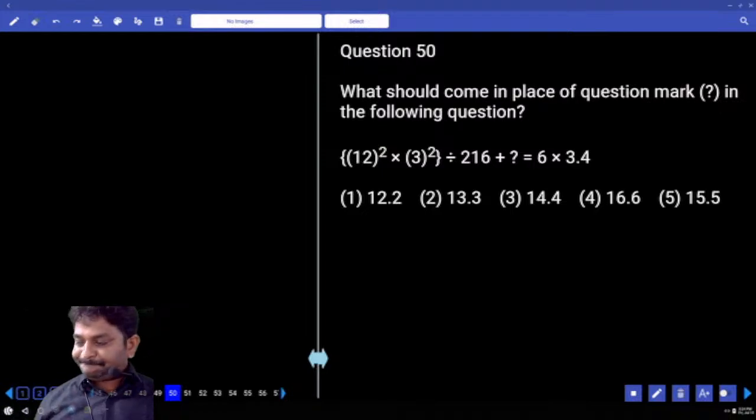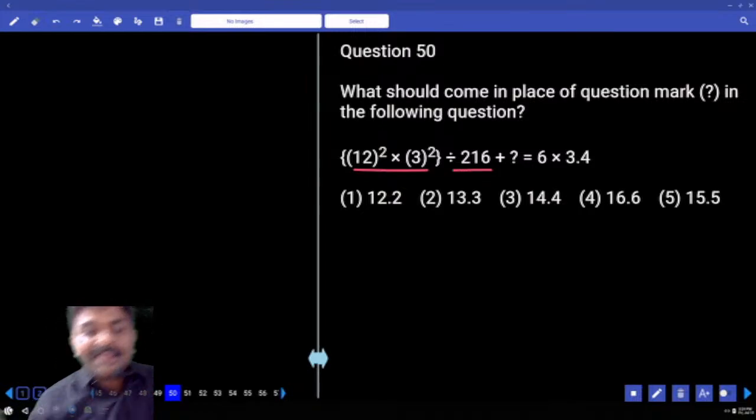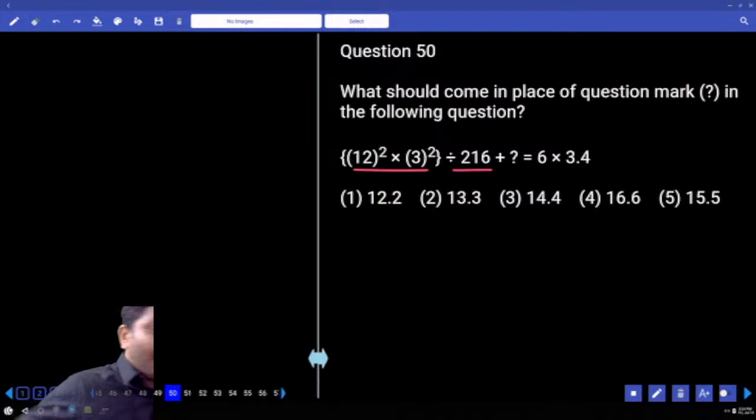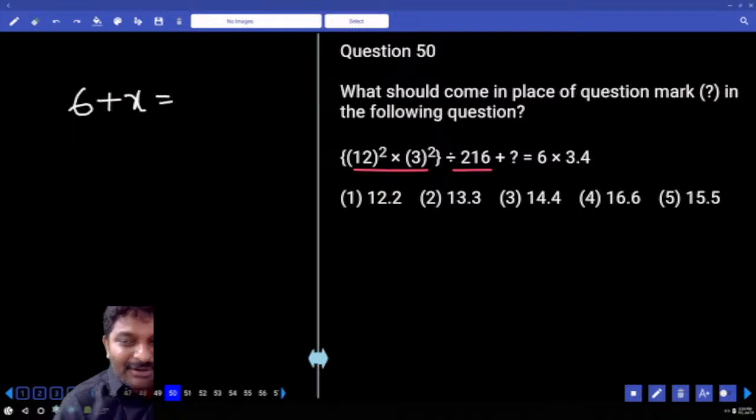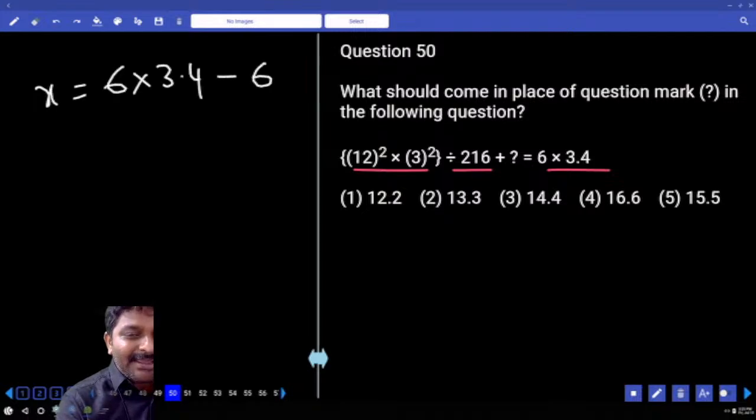చేయాలి. 12 square into 3 square. Can we write it as 36 square? 6 power 4, divided by 6 cube. How much is that? Plus x is equal to 6 into 3.4. This plus 6 goes to the other side. Then 6 into 3.4 minus x.